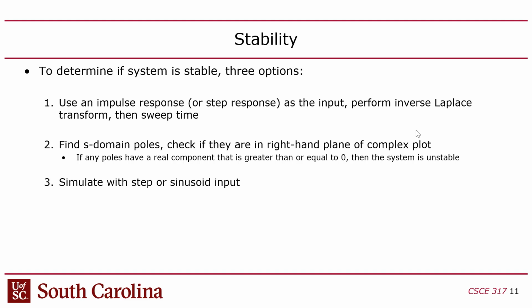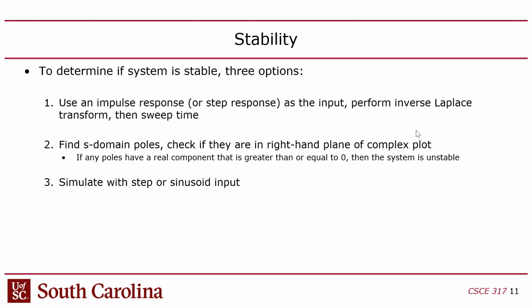Both are polynomials of S. The poles are values of S that will make the denominator 0, so you'll end up with a divide by 0. Those are poles. Now S represents a complex number, so these are complex values, right? There's a real and imaginary part.